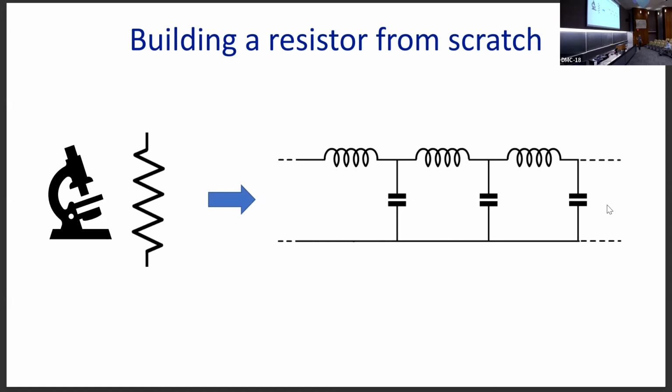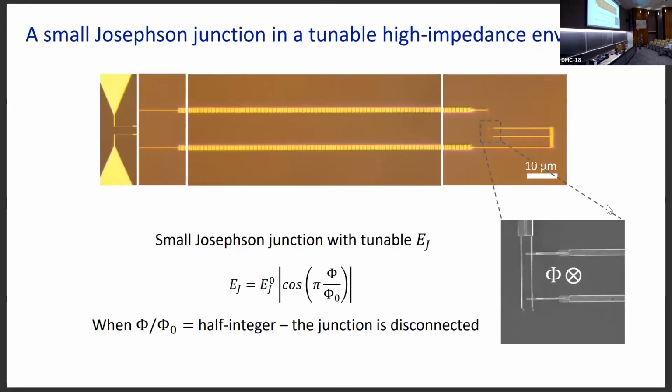And the idea here is this transmission line and a small Josephson junction at the end, which is again in the form of a SQUID. Because the junction is very small, when you tune the flux to the half integer flux quantum, you can think that EJ is essentially zero. So at half integer flux quantum, you kind of remove the junction out of the circuit, and when the flux is not half integer, you put it back.